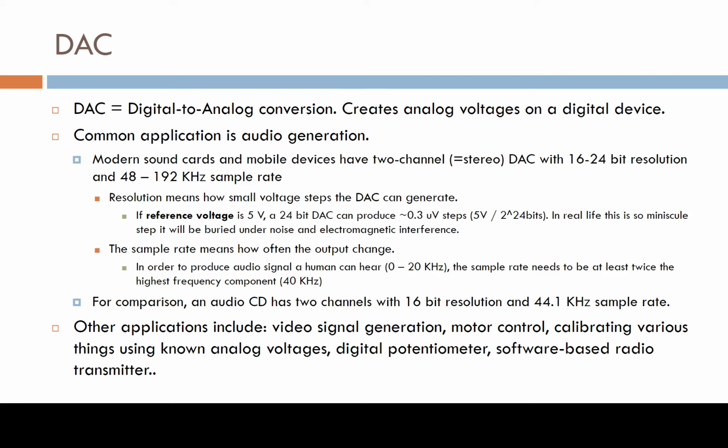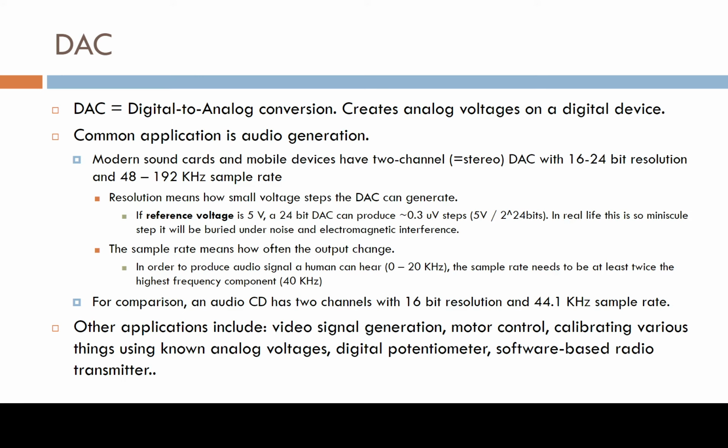That actually creates an analog voltage on a digital device, and common applications are like audio generation. They are using a D to A converter. When you are talking about those devices on your computer, sound cards and mobile devices have at least 2 channels.